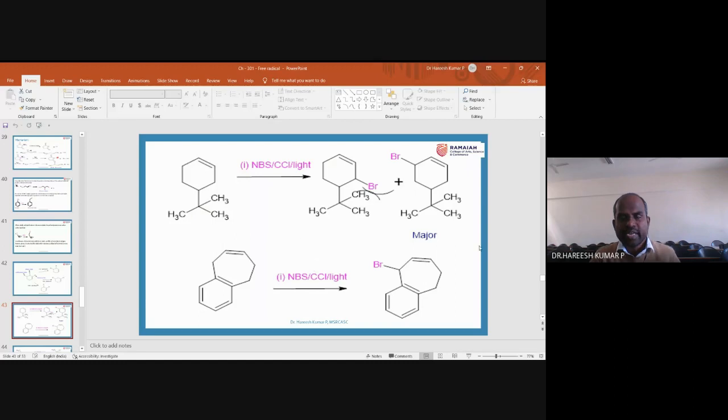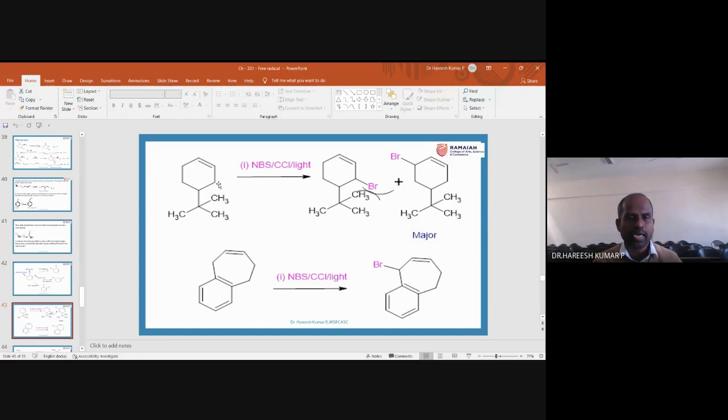So here I am taking an example. What at all can you observe? A double bond. Adjacent to this double bond, this carbon is called allylic carbon. The proton attached to this carbon is allylic proton. And of course, this carbon is also an allylic carbon.